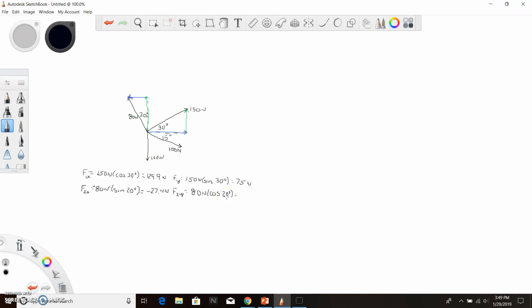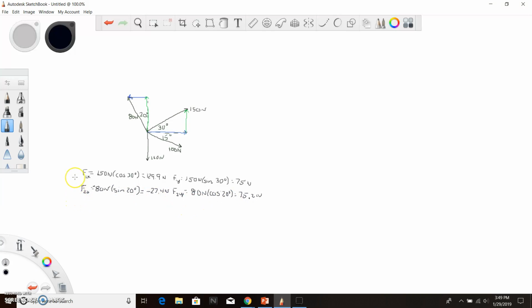And that value is going to be a positive 75.2 instead. So we're at 150.2 newtons in the y direction.